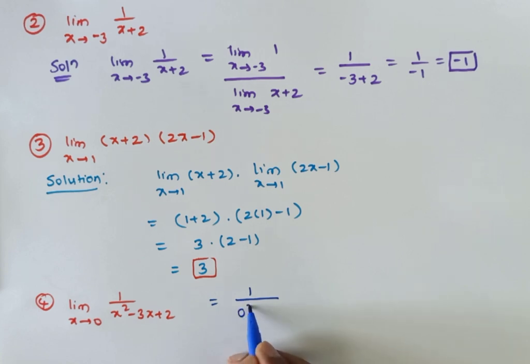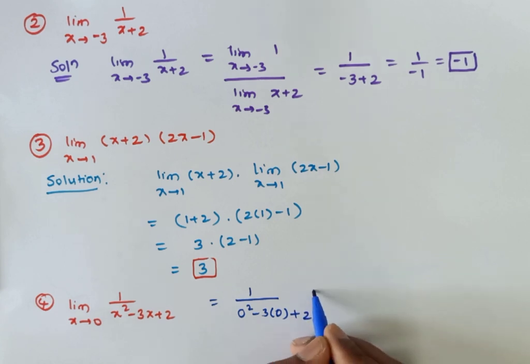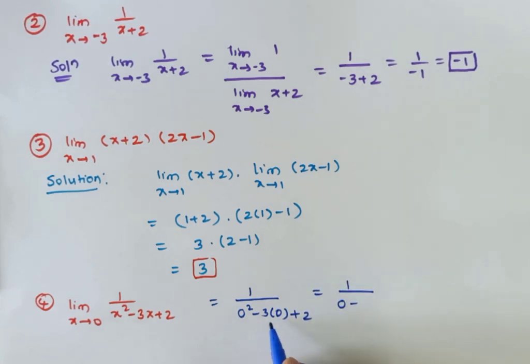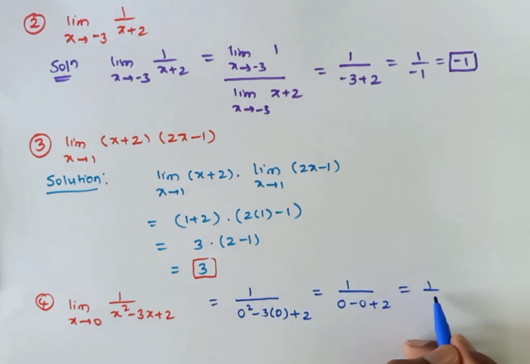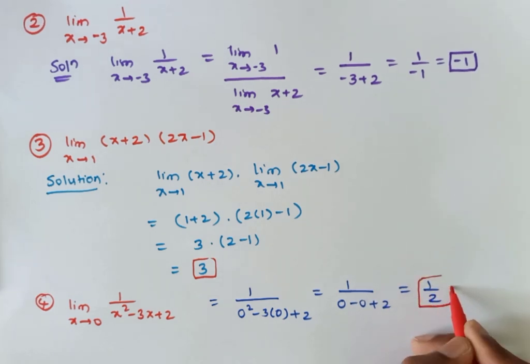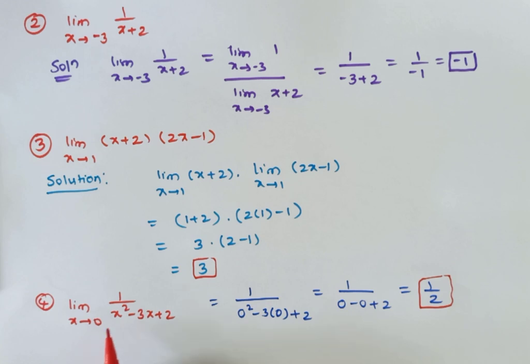So this is 0 square minus 3 into 0 plus 2, that is 2. So the limit of this function is 1 by 2.